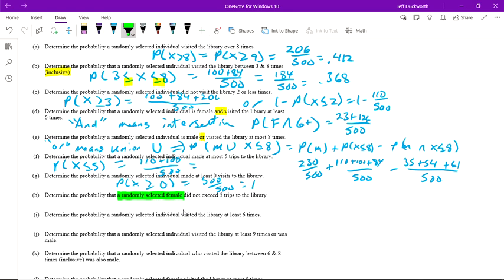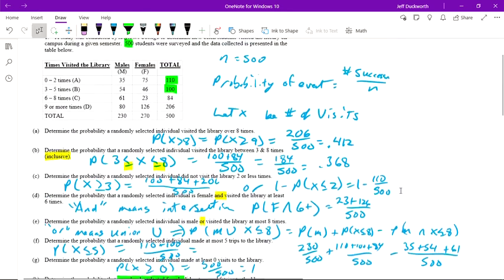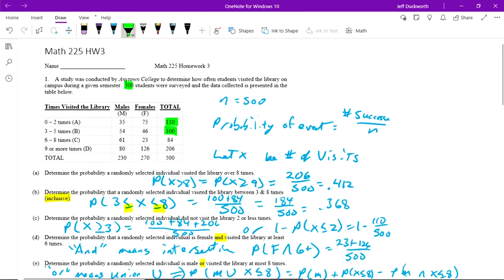So typically if you've got a chart like this, what I would do simply is only take a look at the row or column of interest. Here we know that it's a female, right? So we're only looking at that. So our sample size is 270. So that is going to be our new N for this problem. Let's go back to the question here.